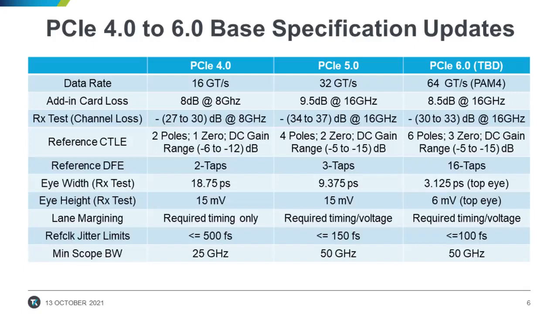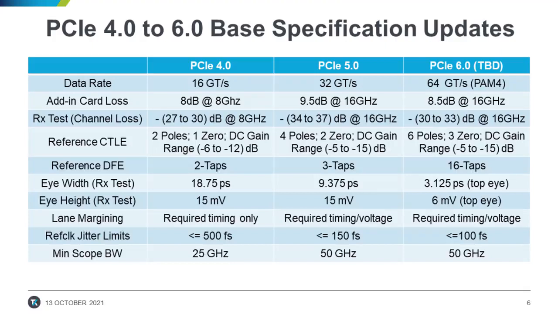Eye width and eye height, this is looking at what is that target eye width and eye height that you use when you're calibrating your stress die. And I'll note these are at E⁻12 for Gen 4, Gen 5, and Gen 6 is now at E⁻6. So we've introduced a light version of forward error correction, and we test our receiver to BER of E⁻6.